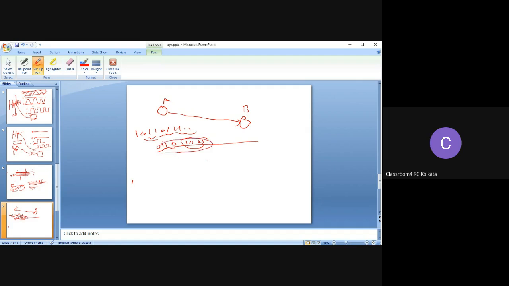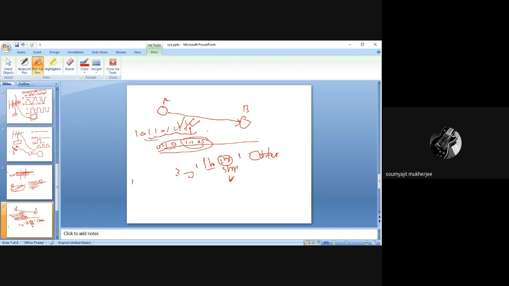But in the case of asynchronous, first there is one start bit, then this value, then a stop bit, then again a start bit, then this value, then a stop bit, then again a start bit and a stop bit. So before and after each bit, first a start bit and after it a stop bit, with the data in between. That is asynchronous. In synchronous, there is no start and stop bit. Okay, is it clear now, asynchronous and synchronous?